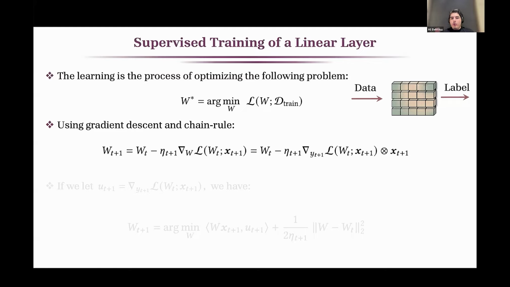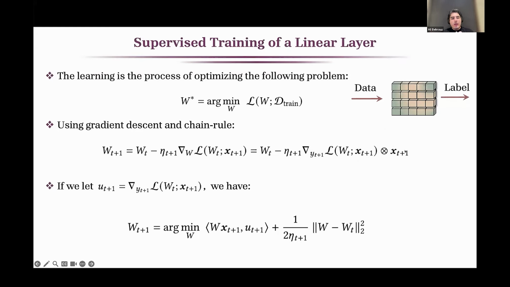And then, if I just write the gradient descent formula, I can rewrite this gradient component based on the chain rule. And that's what we do for the backpropagation process. So I would have this gradient with respect to the output, and this will be multiplied by the input, which is xt+1.